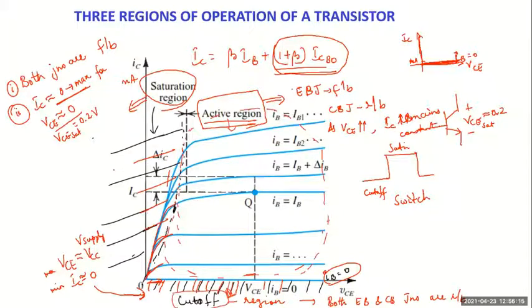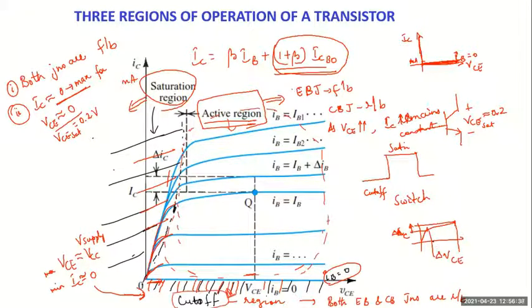Even if I vary VCE, there will be very small variation. You see the sloping of the curve is slight. So the variation in IC will be from here to here. Very small variation in IC for a large variation in VCE.